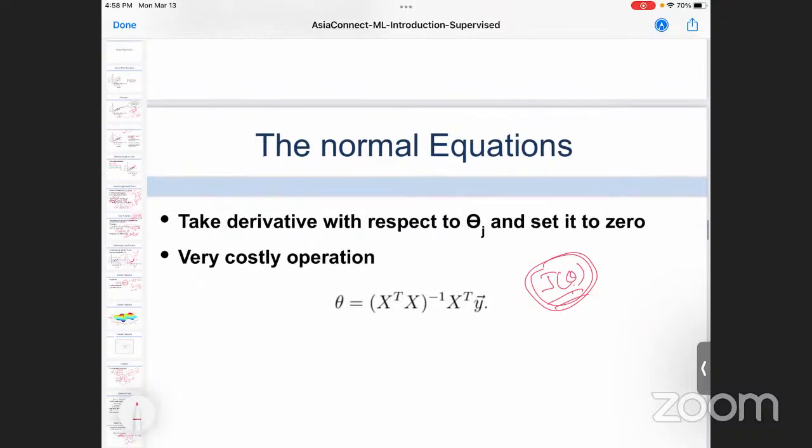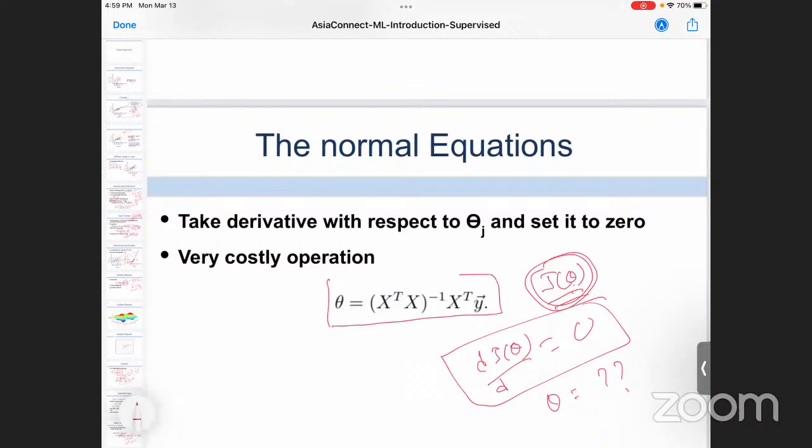Basically, in calculus, we found that if we find the derivative and make it 0, then it will give a closed-form solution. Here, there also exists a solution in closed form. If you find the derivative of the function and set it equal to 0, then the solution will look like this. But we generally don't do this because it is a very costly operation.